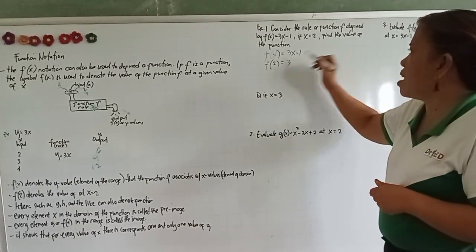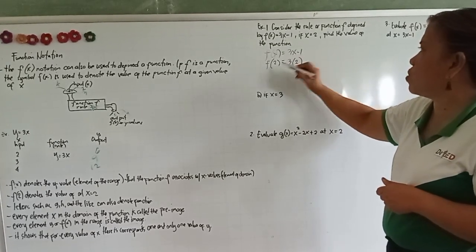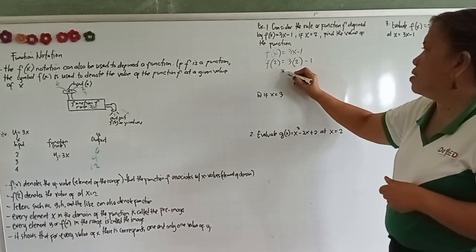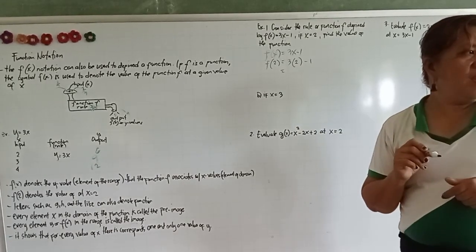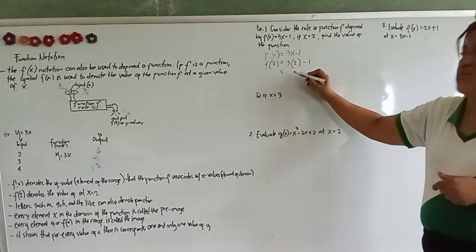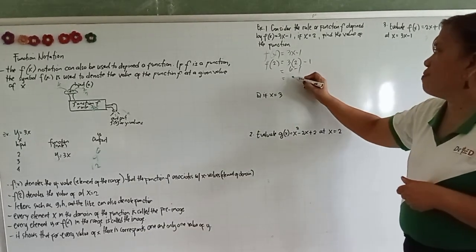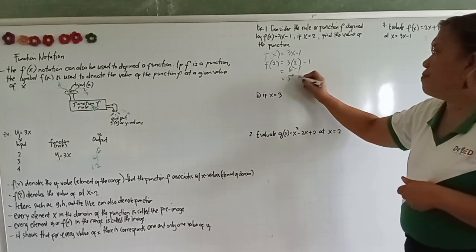So, 3 times 2. The value of x is 2. Minus 1. So, what is the answer? 3 times 2? 6. Okay. 6 minus 1? 5. Okay, so the value is 5.